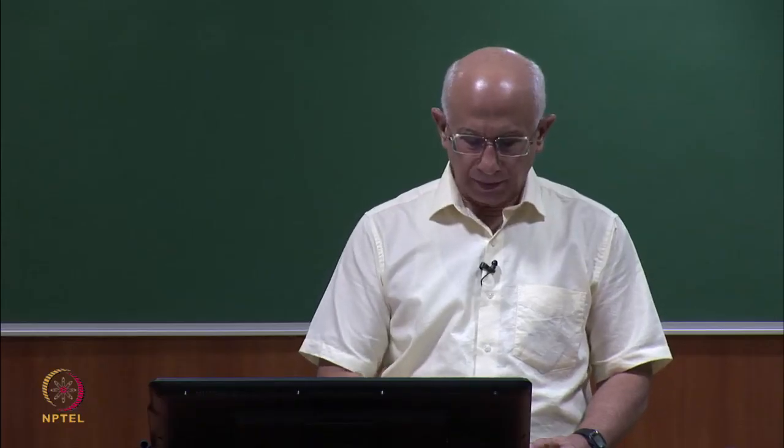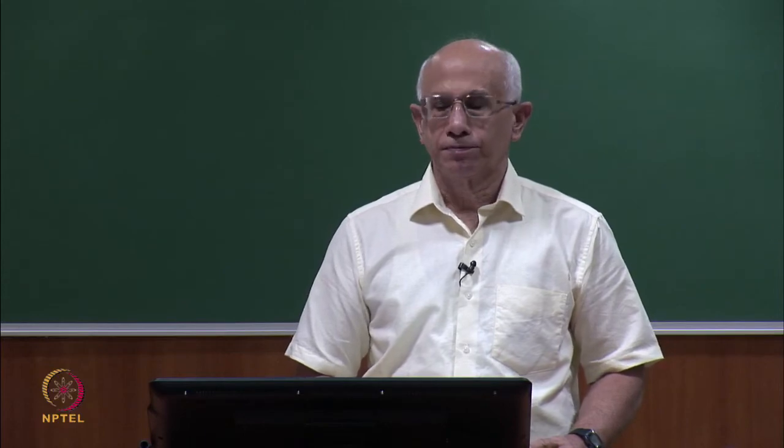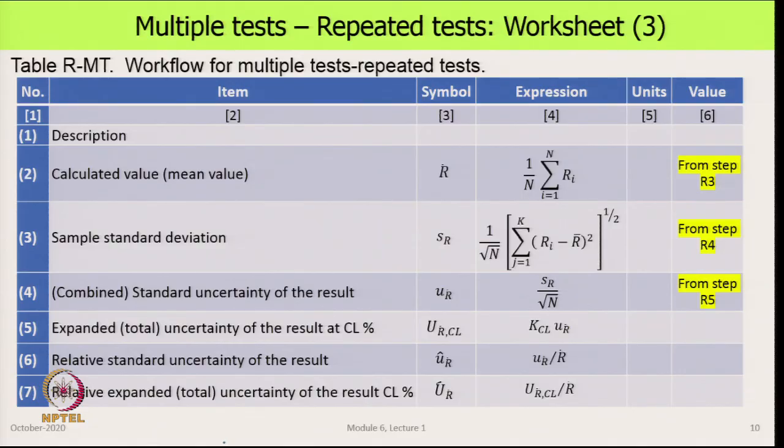Now, we see the table. In this there are columns, which are serial number, item, symbol, expression, units and the value. We write down the description of the parameter over there, what its symbol is, and expression is not applicable at this point. We must always write the units.